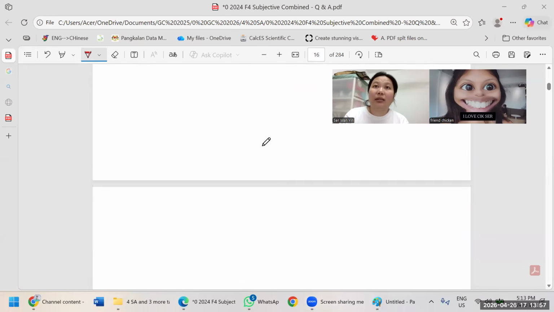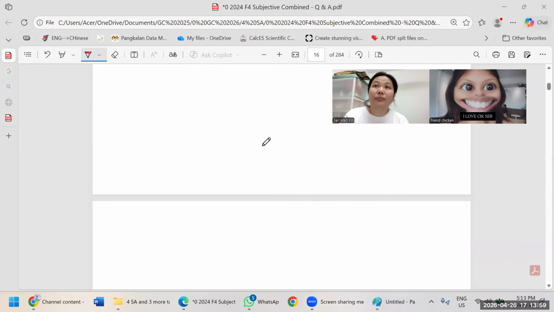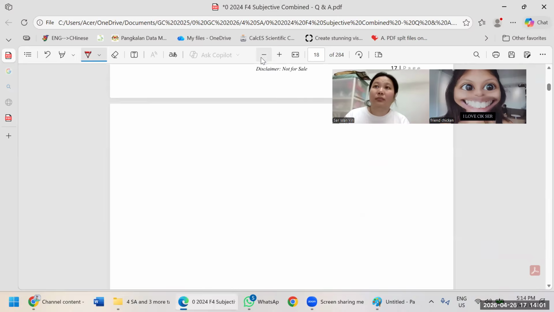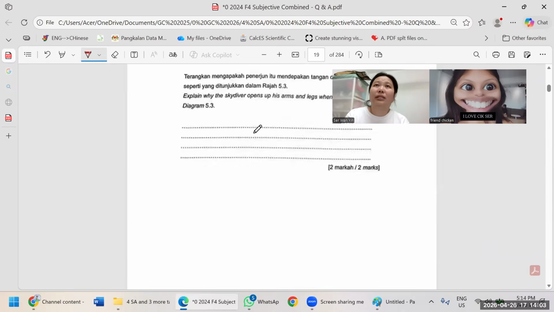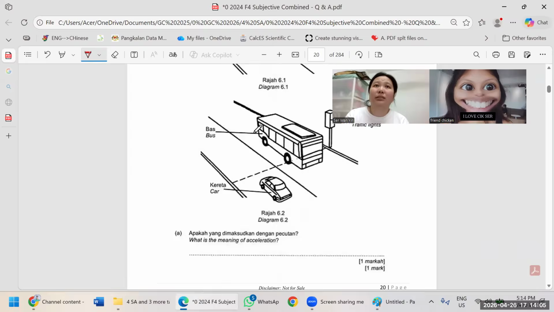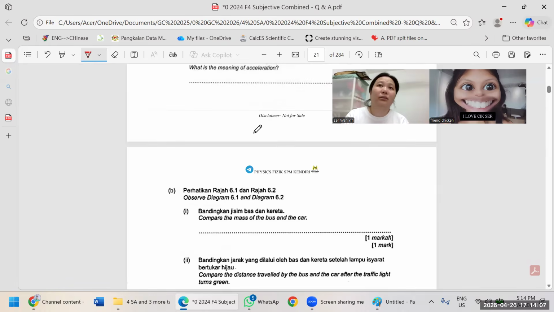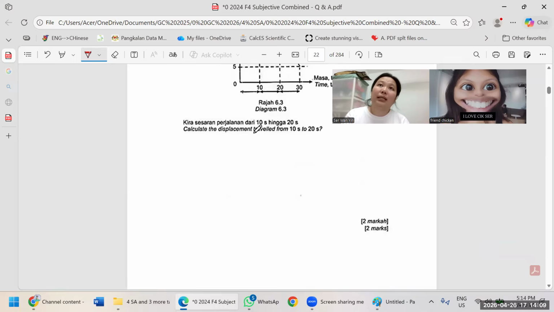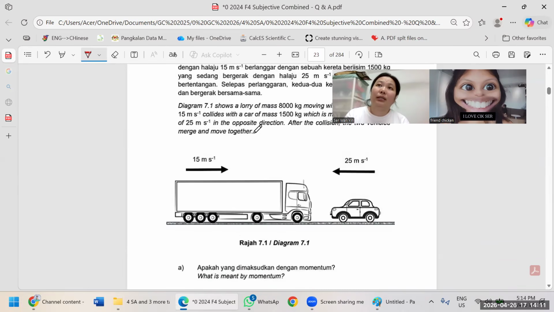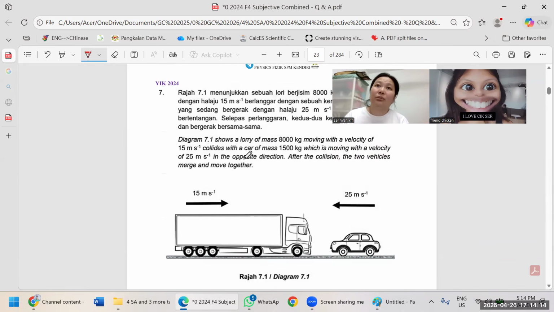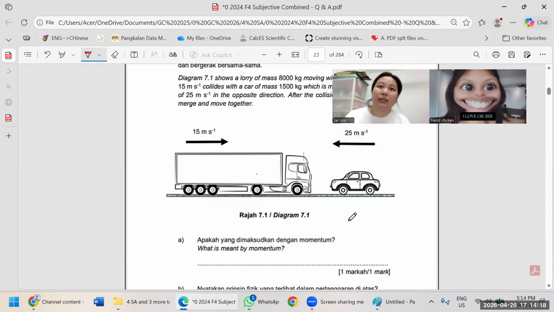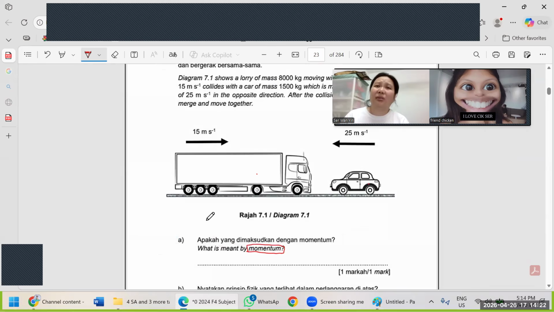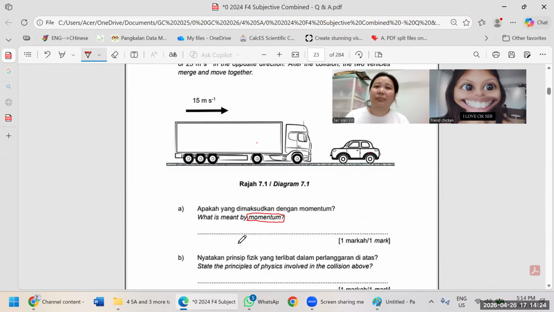All right, so now you see question 5 or 6 is this. Compare. Be careful: when you see 2 cars, normally it's momentum. Can anyone tell what is the principle of physics involved?